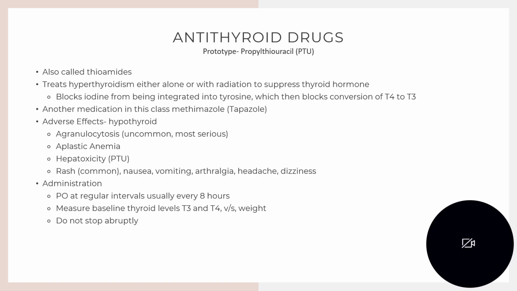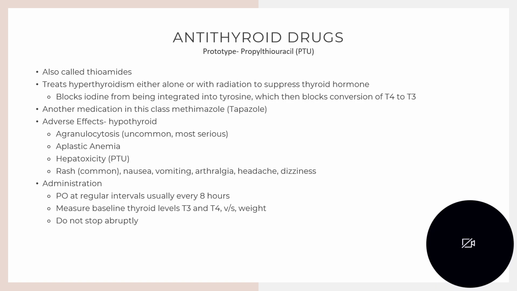Other side effects: rashes are fairly common. Nausea, vomiting, joint pain, headache, and dizziness. So you want to give this at regular intervals. Usually it's given 3 times a day or every 8 hours. And make sure before you administer this that you know what their levels were, because then I'm going to be rechecking those and I would anticipate that those go down, right?